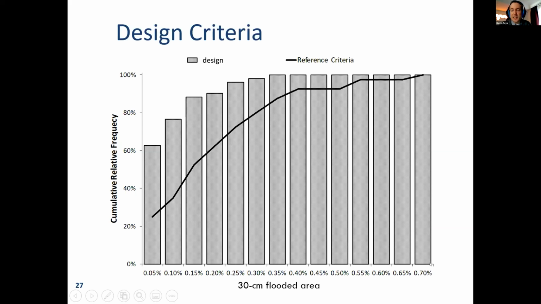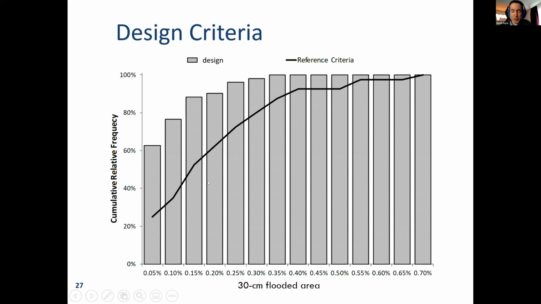So that means that by the time I get to 0.7% flooded area, in all of our simulations, we had covered pretty much 100% of the occurrence of flooding that we would see at 30 centimeters. So we won't expect to see more than 0.7% in our model, but you could see it. So at the low end, only about 25% of our models had 0.5% or less for this reference case.